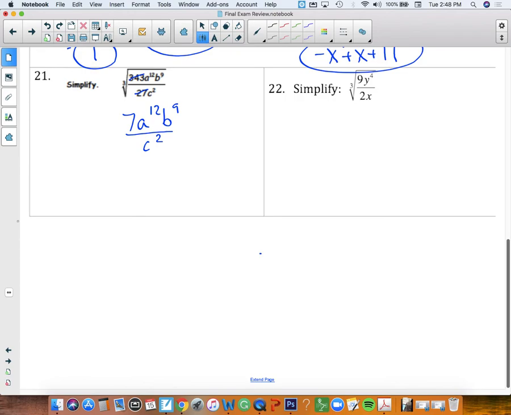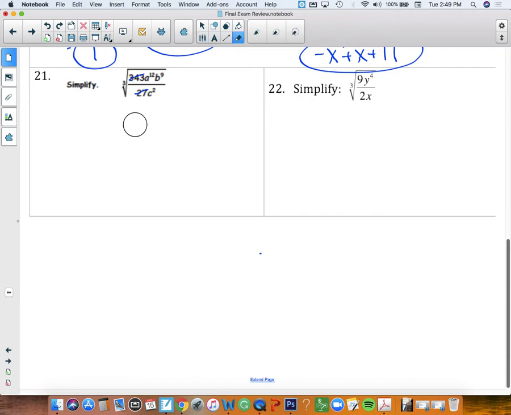Oh, that gives me a 49. My bad. No, it doesn't. 343 divided by 27. Let's check it out. It doesn't simplify. So that stays as a 343. Okay.